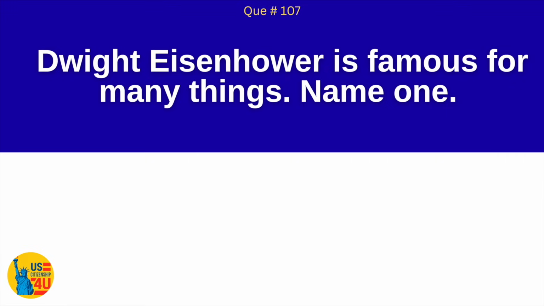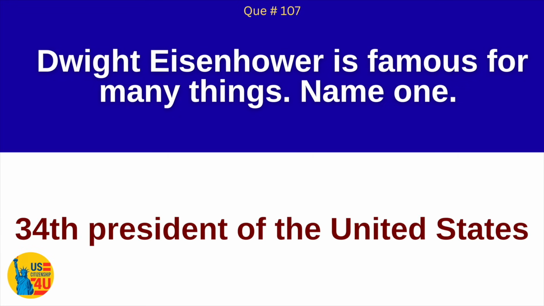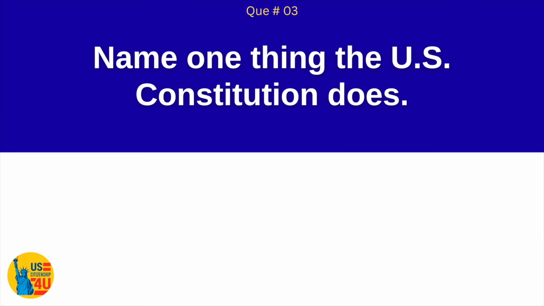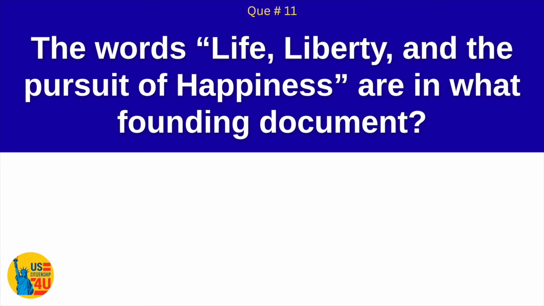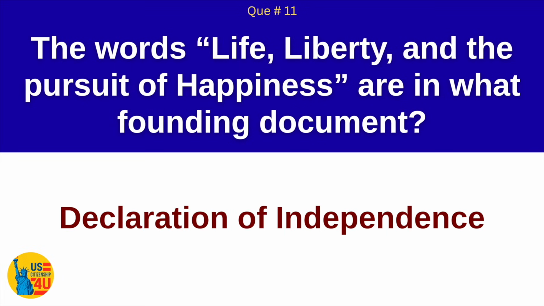Name one. 34th President of the United States. Name one thing the U.S. Constitution does. Forms the government. The words life, liberty, and the pursuit of happiness are in what founding document? Declaration of Independence.